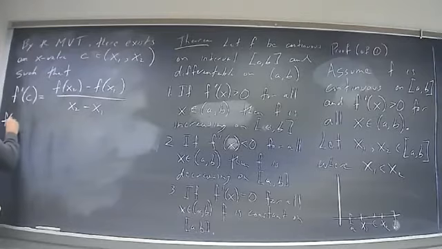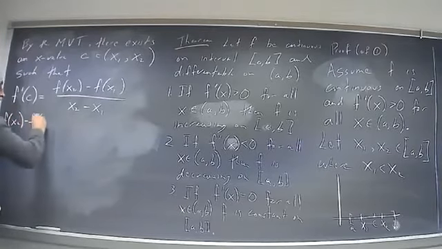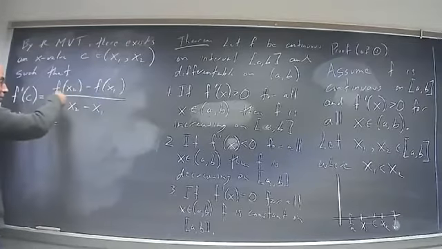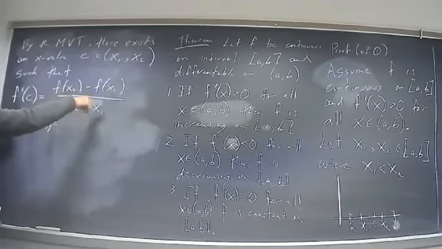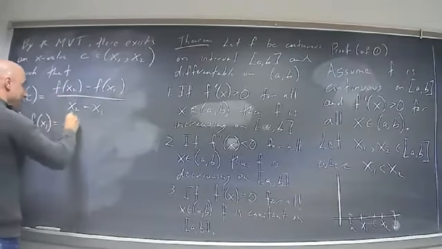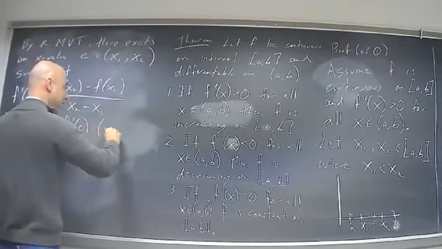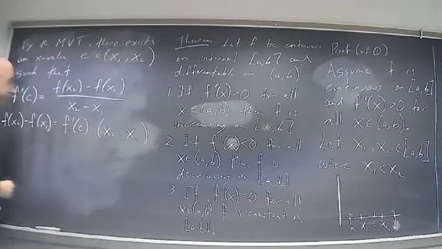So f of x2 minus f of x1 is equal to f prime of c times x2 minus x1. Just a little bit of algebra.